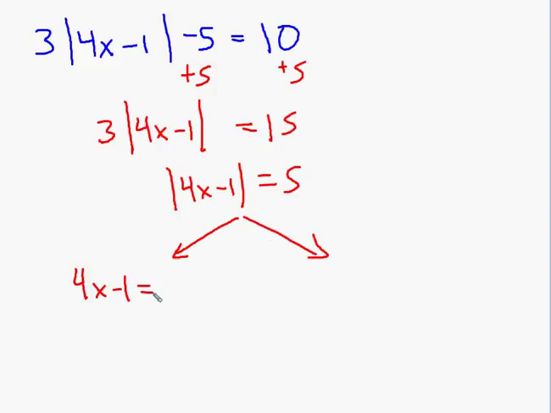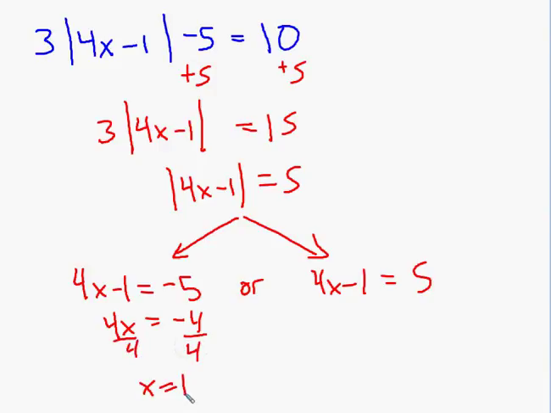4x minus 1 could equal what? Or 4x minus 1 could equal +5. And then I solve both of these. So I add the 1. Divide by 4. Add the 1.